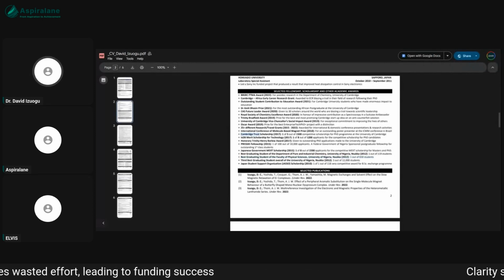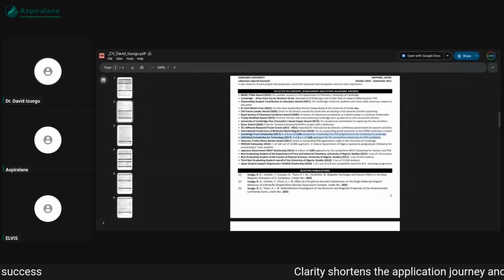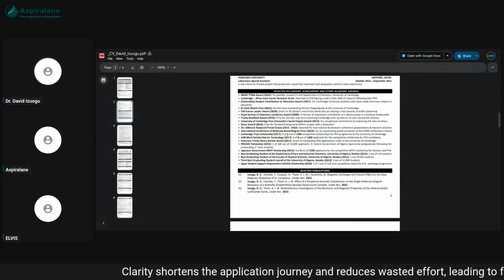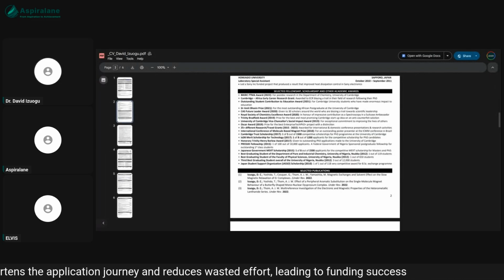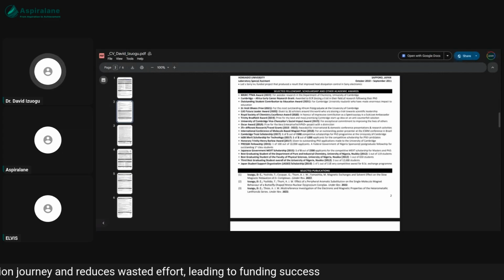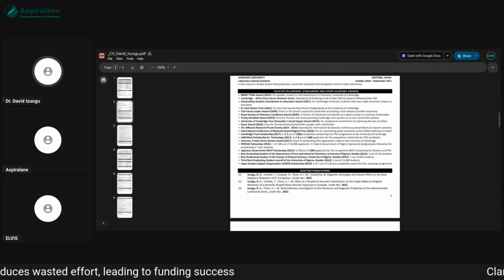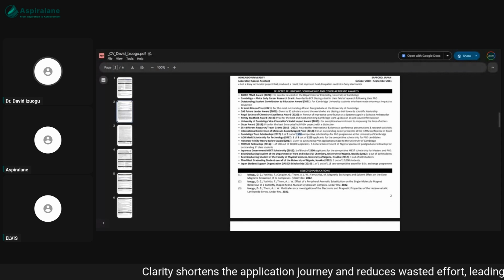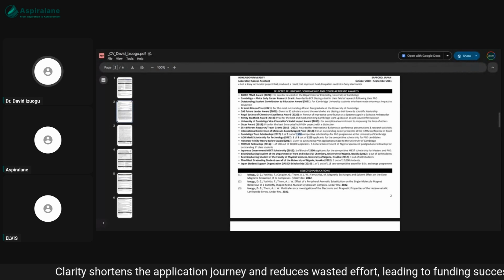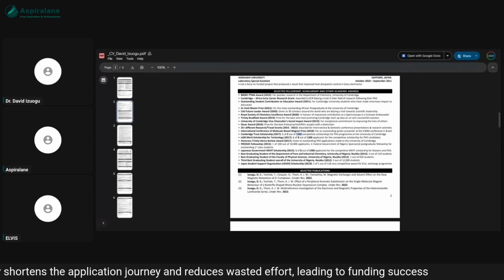Cambridge Trust Scholarship, for the particular competition, 1 out of 5 out of 1,500 competitive scholarship for PhD program at University of Cambridge. So 1,500 applications to a top university like Cambridge for them to choose 5 people, and you were one of them. ISDB Merit Scholarship for Technology, 1 out of 8 out of 1,200 applicants.